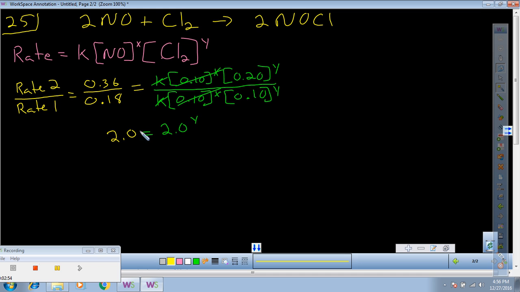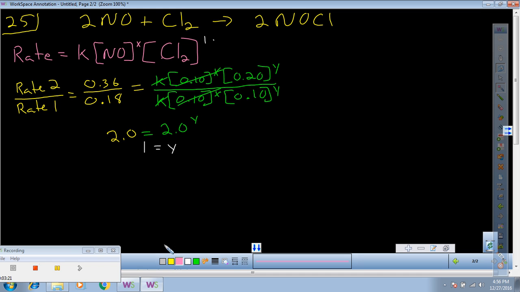2 to what power equals 2? Well, of course, that's 1. So this is a first order reaction as it applies to chlorine. Let's do the same thing for NO. So I need something where NO changes and Cl2 stays the same.